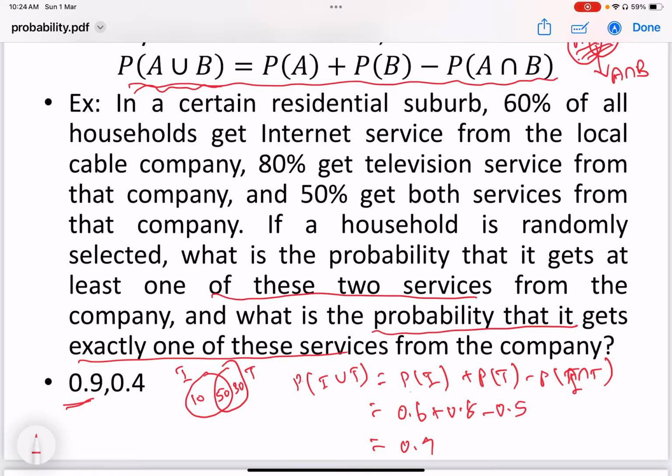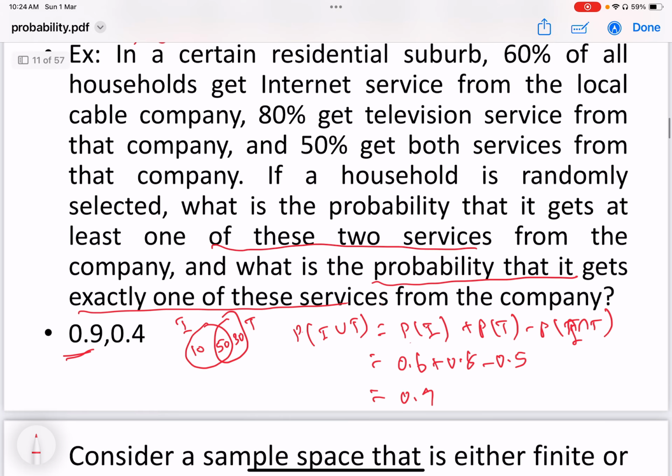Now what is the next question? What is the probability that it gets exactly one of these two services? Exactly one of these two. So this is exactly one of these two. If I draw this, then this one is called exactly one of the services.